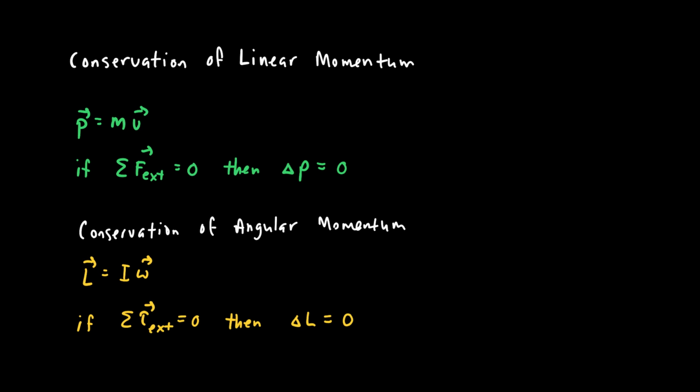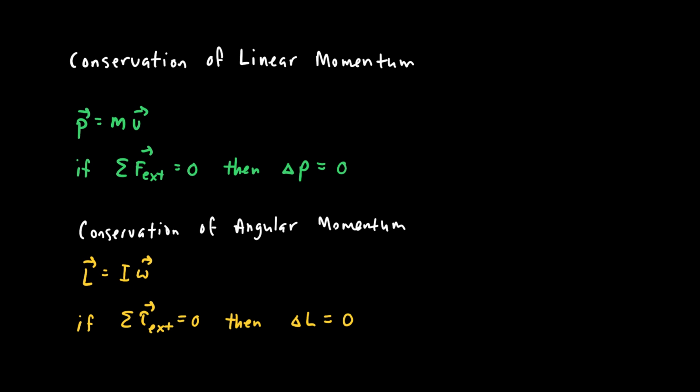There are lots of problems where delta P or delta L equals 0 is going to be the way that we'll solve the problem, because linear momentum or angular momentum will be conserved. But what happens in cases where the external force or the external torque isn't equal to 0, when there is an external force or torque that's causing the thing to speed up, slow down?